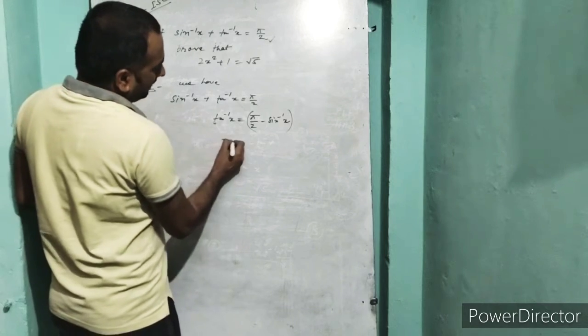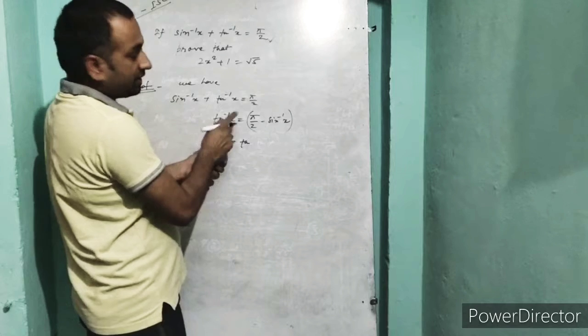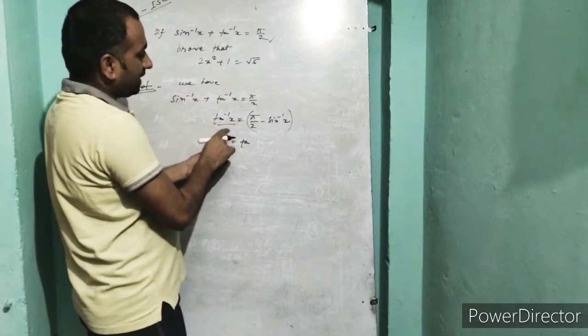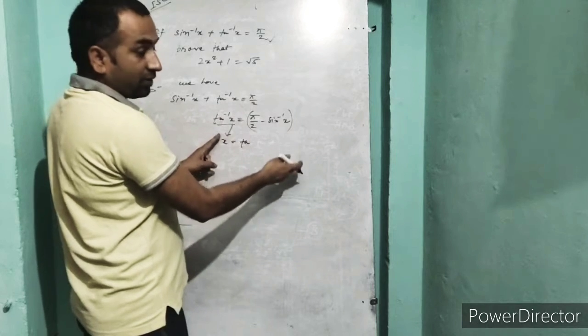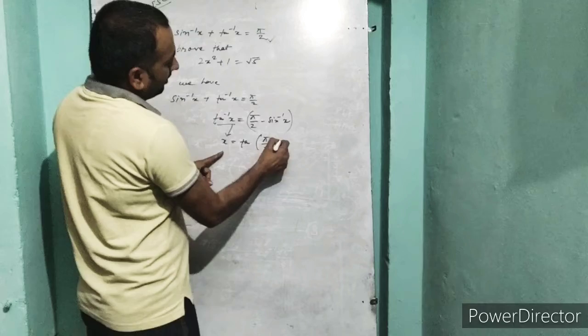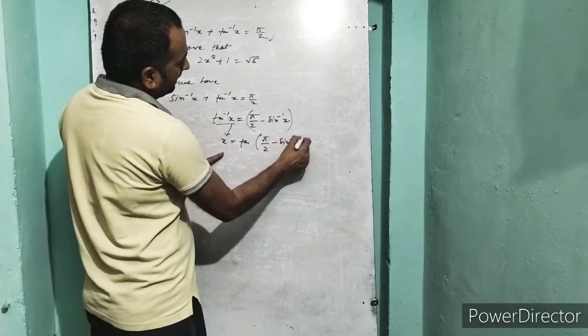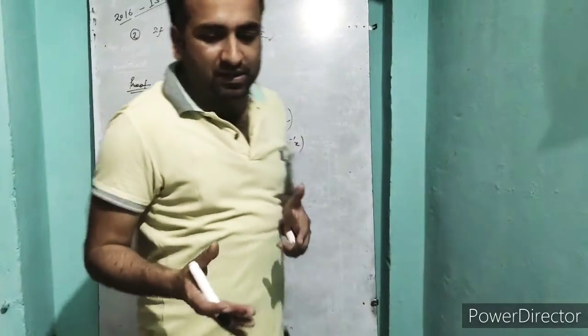So tan inverse x is equal to pi by 2 minus sine inverse x. What is the value of x? x is tan of this, since it's an inverse trigonometrical function; if I am asking about x, this will change into the form of a trigonometrical function. So tan of pi by 2 minus sine inverse x. Will you tell me what is tan of 90 minus theta?